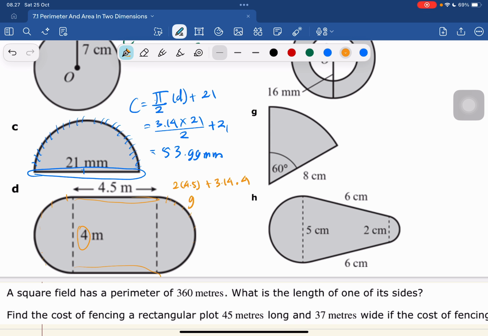So this is 9 plus 12.56. After addition, this will give us the answer of 21.56.